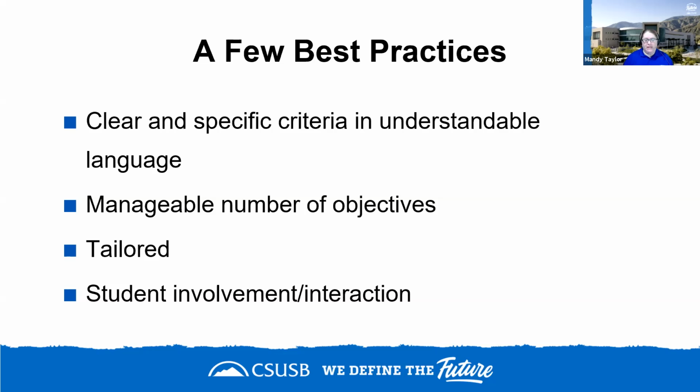And then if possible, and if this fits your teaching style and your teaching plans, have students involved in the creation process of the rubric as well. Have them brainstorm things, maybe give them categories. Like, this is what I'm looking for. What do you think makes for an A, or however you're going to grade or assess.